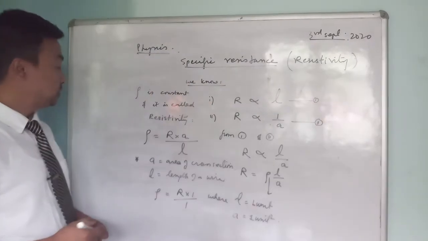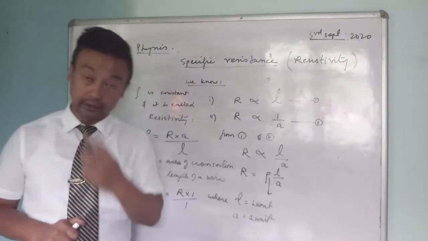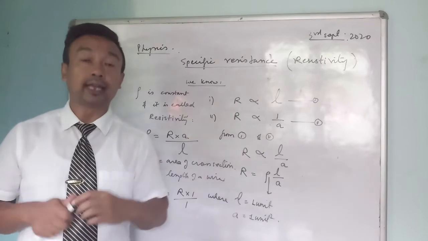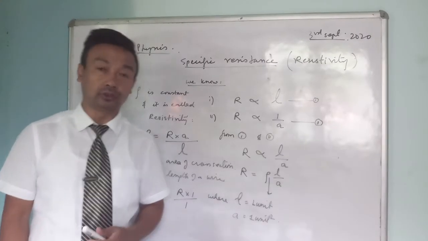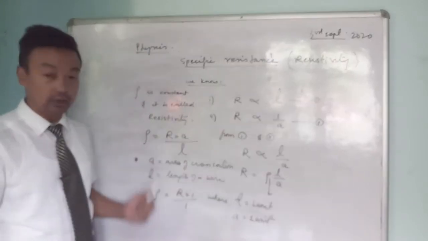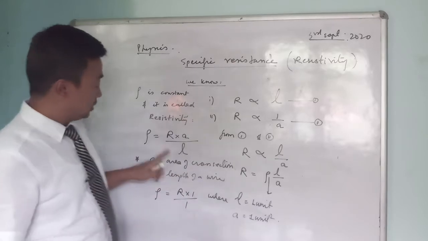So specific resistance is defined as the resistance of a wire of unit length and unit area of cross section. You can find this definition in your textbook. Please refer to that and learn this formula.